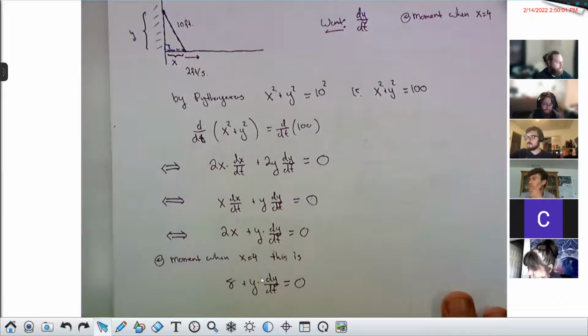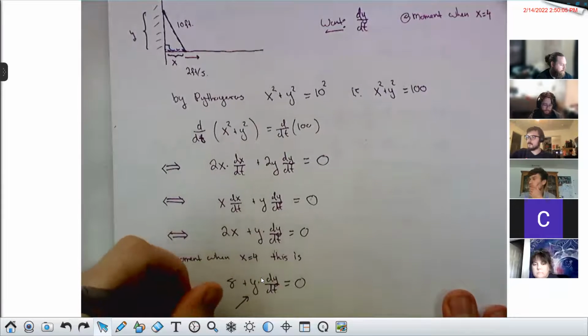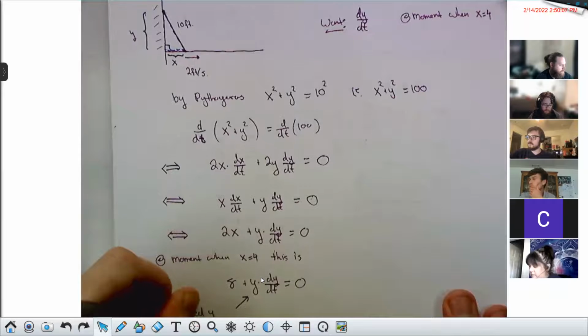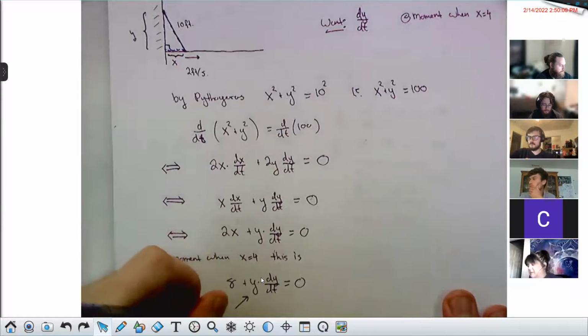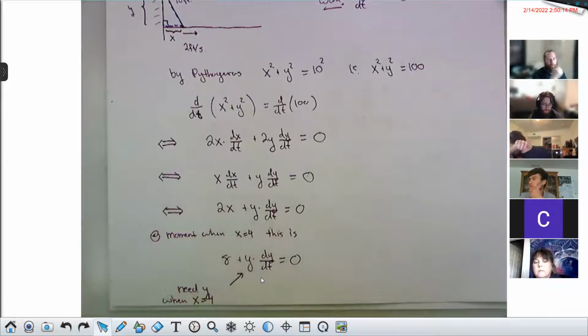So I still need to know y when x is equal to 4. And this is like the step where we had to go solve for r when a was equal to 10.